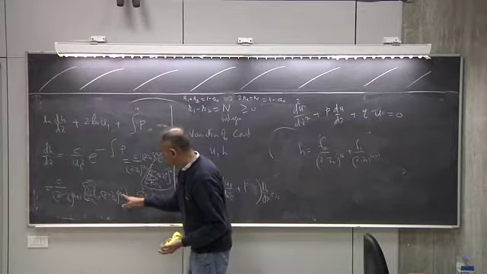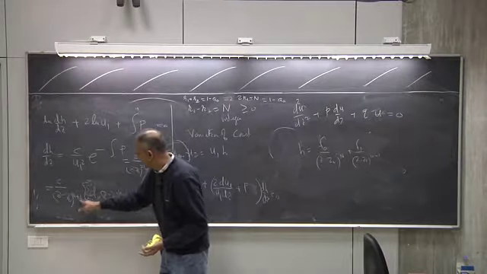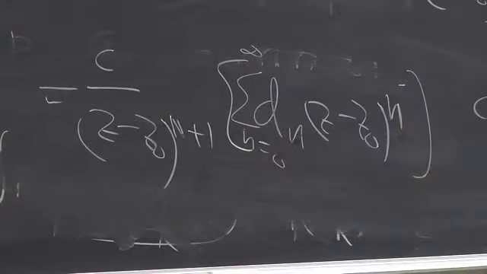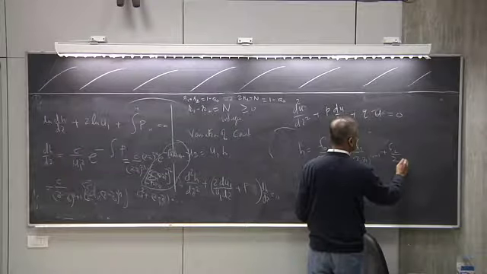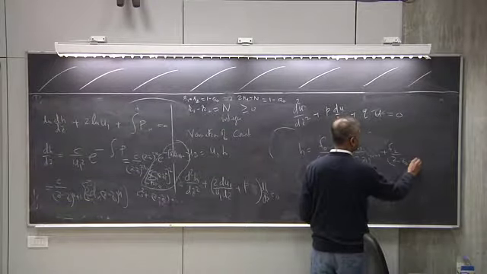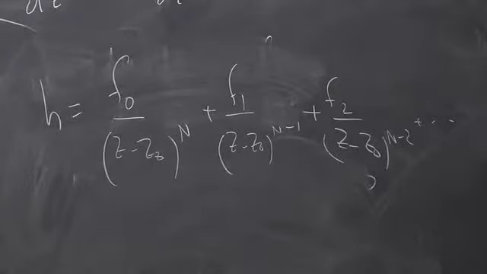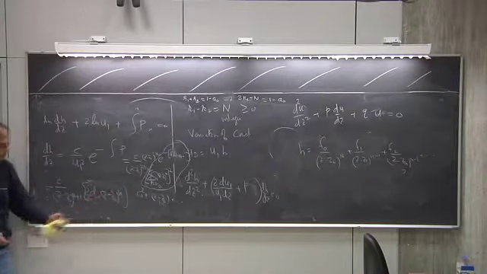When you take little n equal to 1, one of the powers cancels, and the integral gives you a power n minus 1 down, and so on. So this keeps going, f2 over Z minus Z0 to the n minus 2, etc. But what happens to the term when small n equals capital N? Look at that particular term.